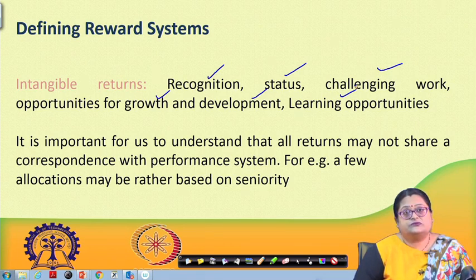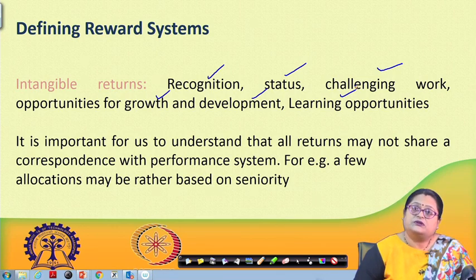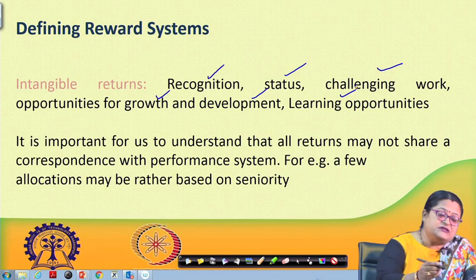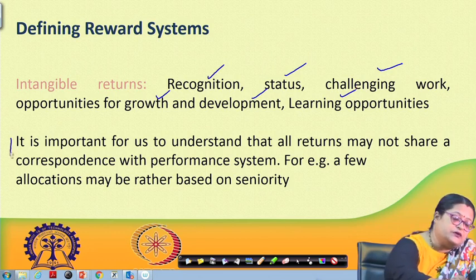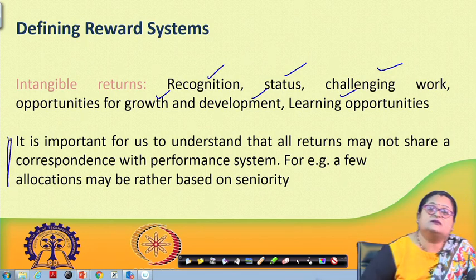It is also important to understand that all returns may not correspond with the performance system. A few allocations may be based on seniority, but sometimes these are pockets of ethical concerns.